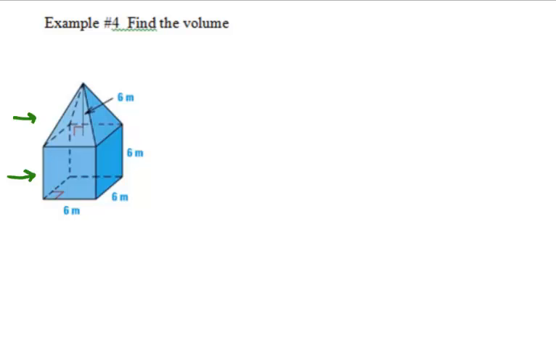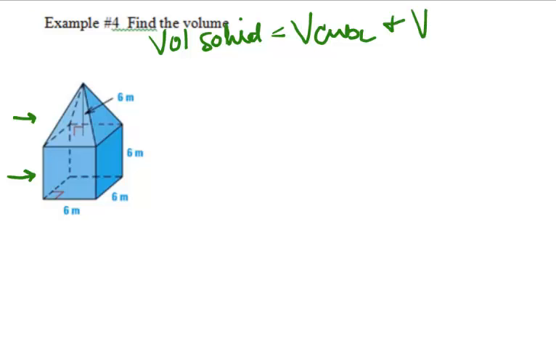So remember, with the composite figures, you're going to break them up into pieces that you can manage, that you can find the volume of. So to get the volume of the solid, we'll go ahead and write it down. To get the volume of the solid, we're going to take the volume of the cube, and we're going to add the volume of the pyramid.